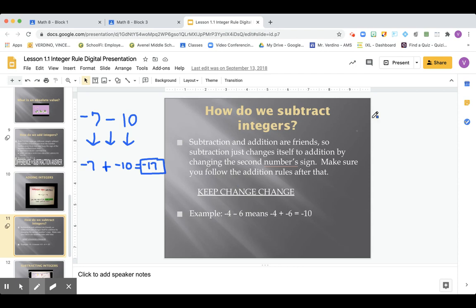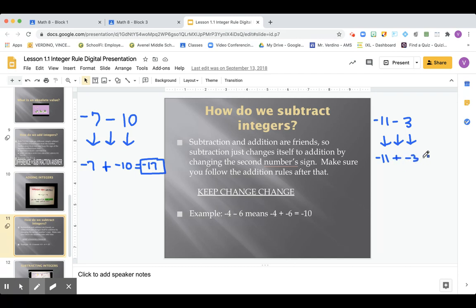Now let's try that again. Let's take -11 minus, we'll say 3. Okay? So keep change tells us to keep the first value, which is negative 11, change the subtraction to the inverse, which is addition, and change that positive 3 to the opposite, which is negative 3.